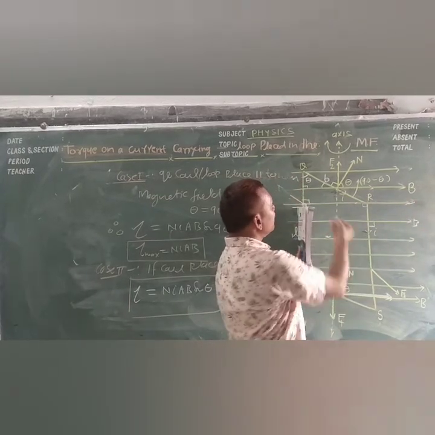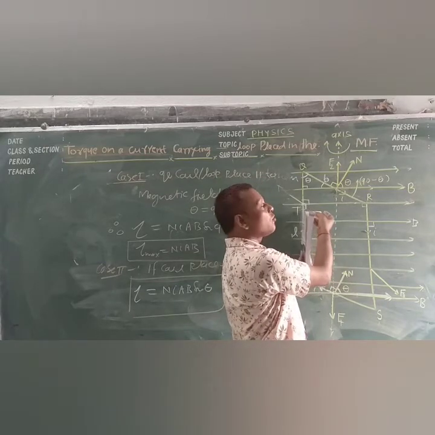So the angle between the magnetic field and the area vector will be 0.